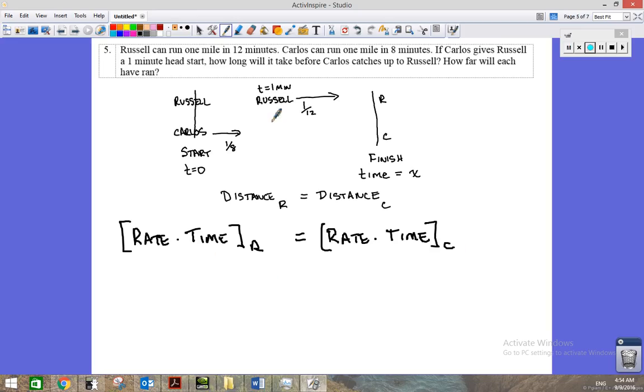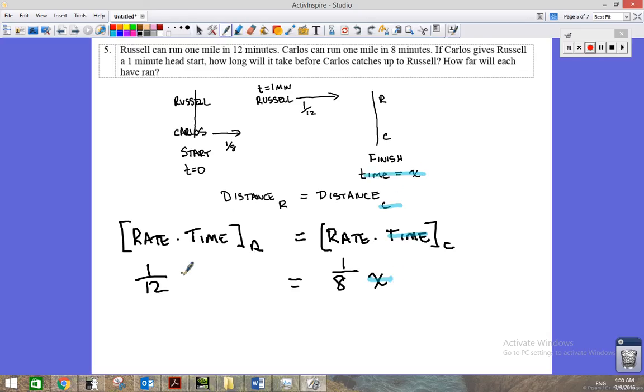So Russell's rate, we said, was 1 mile per 12 minutes, and Carlos was faster, 1 mile per 8 minutes. The length of time that Carlos ran, we're going to let that be our variable.